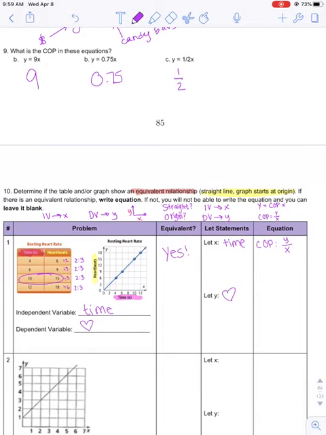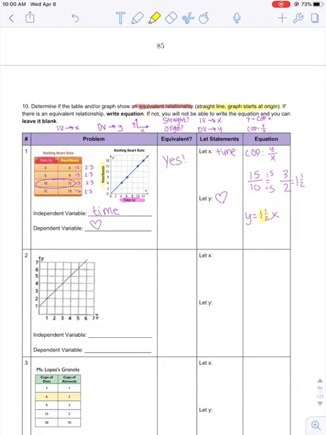It's the dependent variable. 15 divided by 10. Let's see, I could divide them both by 5. And I get 3 over 2, which is 1.5. So the equation is going to be y equals 1.5x. All I've done is I've found the COP and I put it right in front of the x. That's all there is to it.